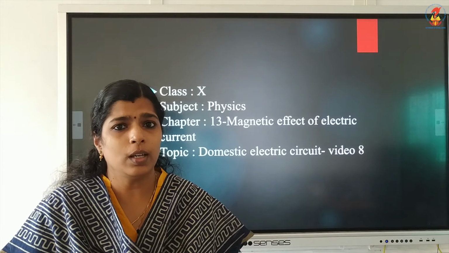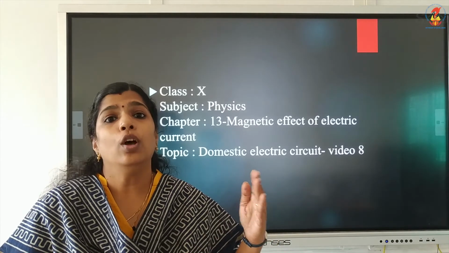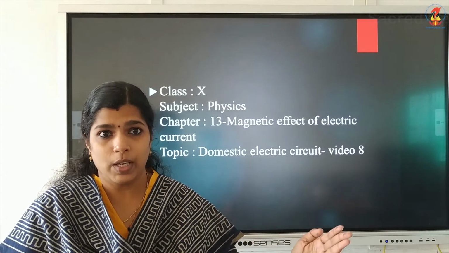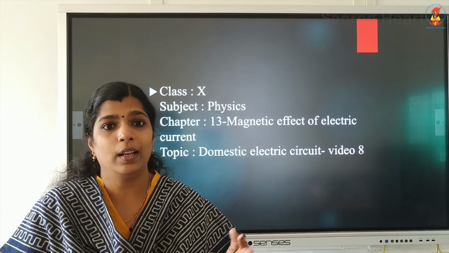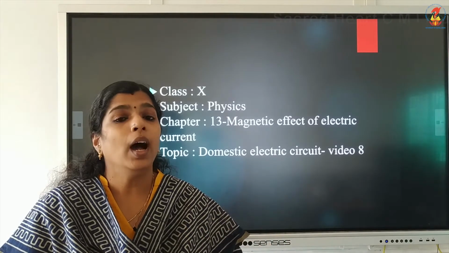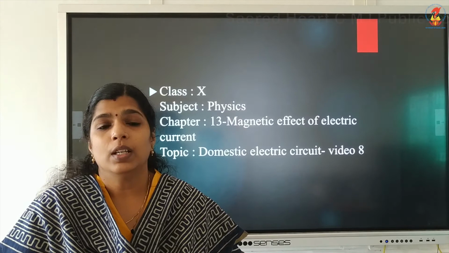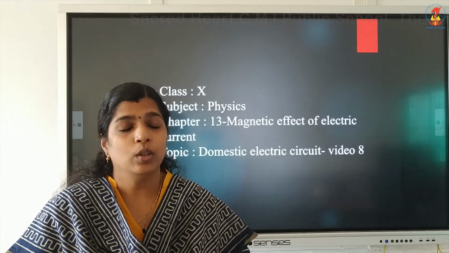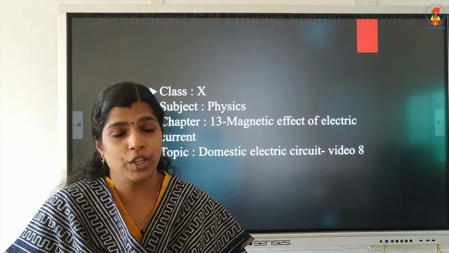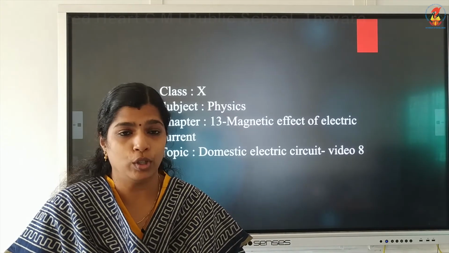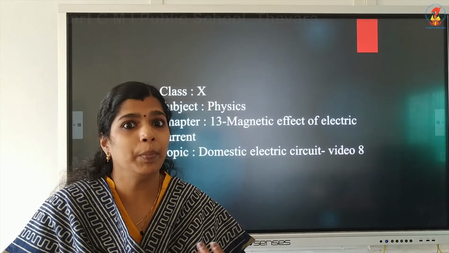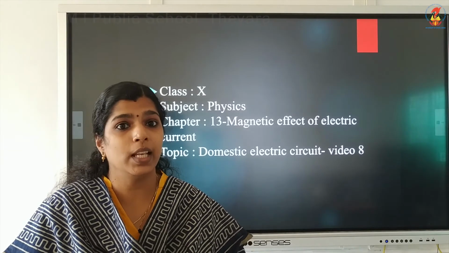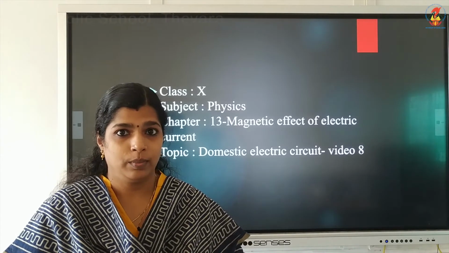The 5 ampere current rating circuit is for low power consumption devices, that is electric fan, electric bulb, all those things. High power appliances, that is electric heater, washing machine, refrigerator, AC, electric motor, all these things are high power rating appliances, means they need more power, more current.